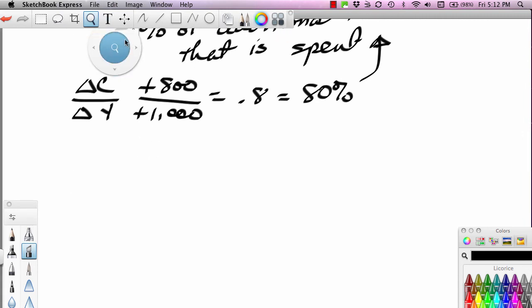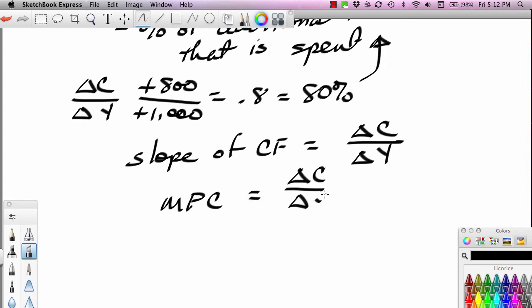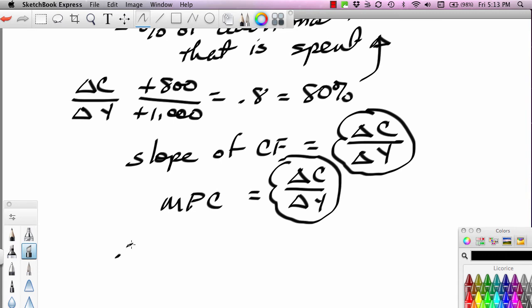So we said earlier that the slope of CF equals the change in C, rise, over the change in Y. Now we've said that MPC, the marginal propensity to consume, equals the change in C over the change in Y. Well, if slope of CF equals change in C over change in Y, and MPC equals change in C over change in Y, what can we conclude?